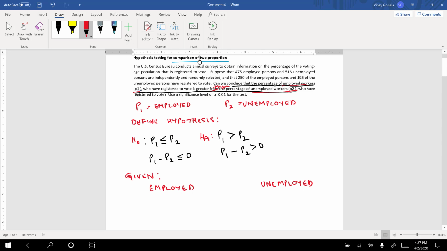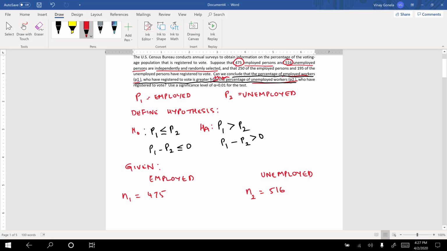For employed workers, they say suppose that 475 employed persons and 516 unemployed persons are independently and randomly selected. So your sample size for employed is n1 equals 475, and for the unemployed n2 is 516.